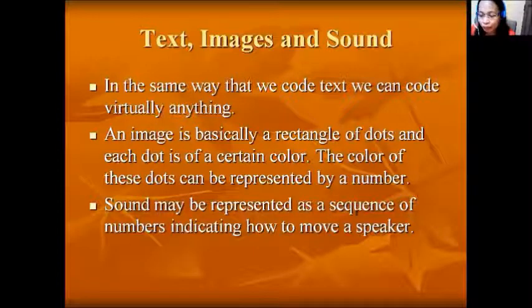You're just going to code using Turbo C, and then you're just going to use the period symbol. Depends on what symbol you want to use, but you can form shapes, right? Okay, sound may be represented as a sequence of numbers indicating how to move a speaker. Moving to the next slide.